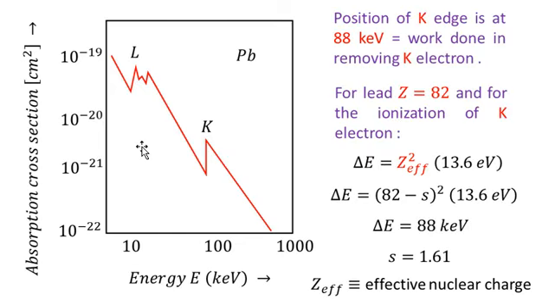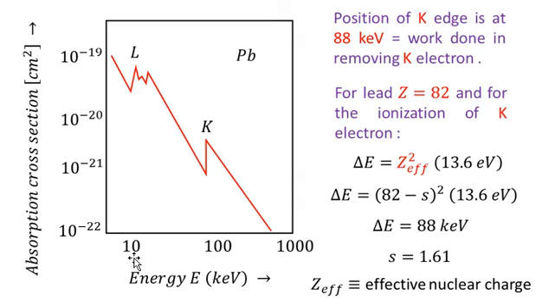So you see that through this absorption spectrum we know that when the electron energy approaches nearly 10 kilo electron volt, then of course an L electron, that is an electron in the L shell, is ionized and an L edge is detected.